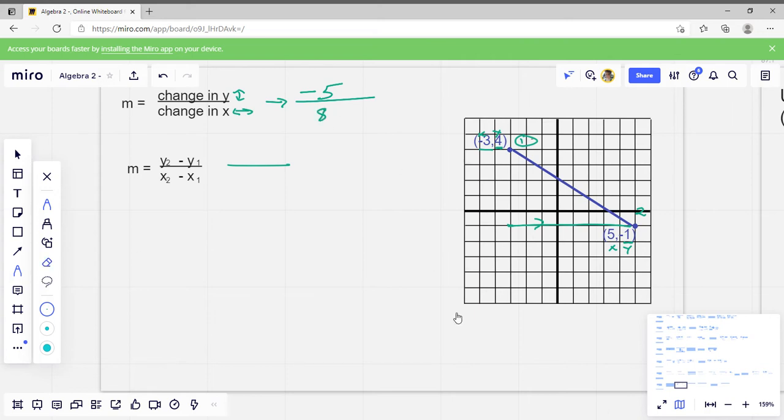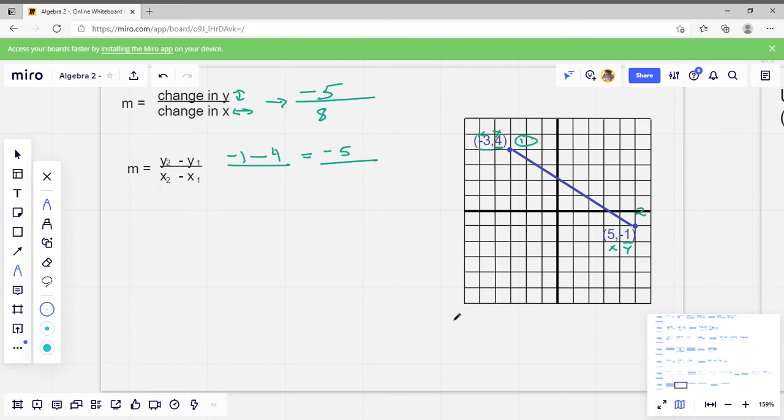Let's do it the slope formula way. We've got y2 minus y1. y2 is going to be -1 minus y1, which would be 4. -1 minus 4 is going to be -5.